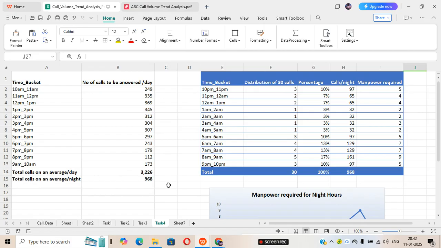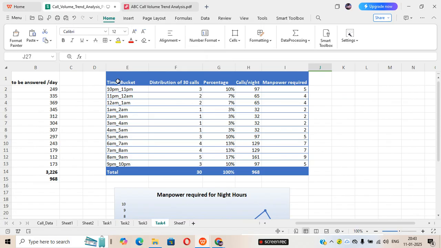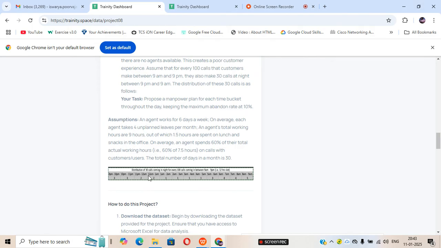And after this, for calculating average per night, we can take the time bucket which was given in the task itself, which is the assumption.